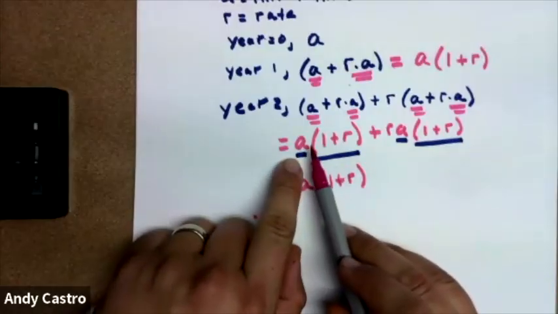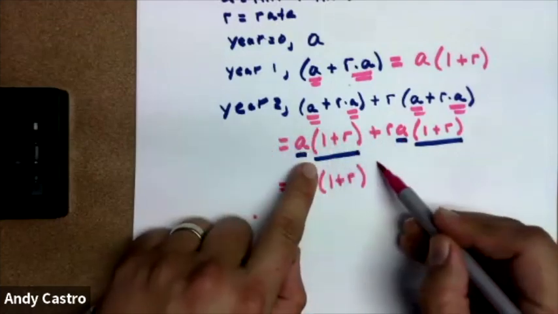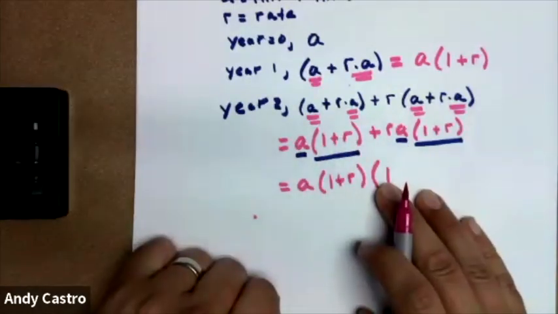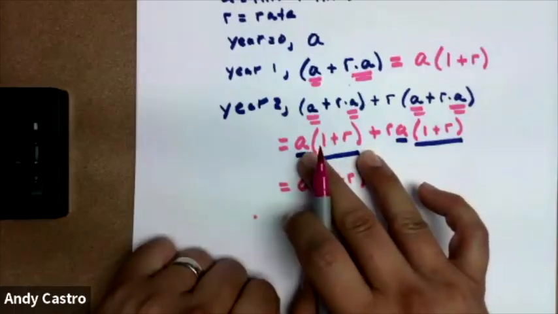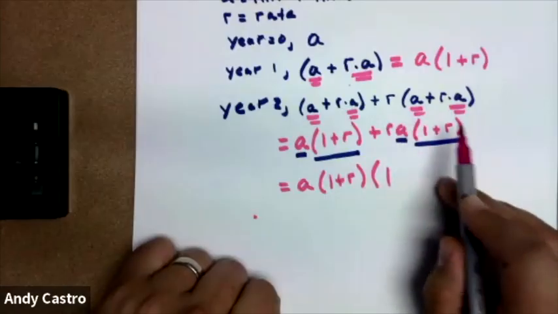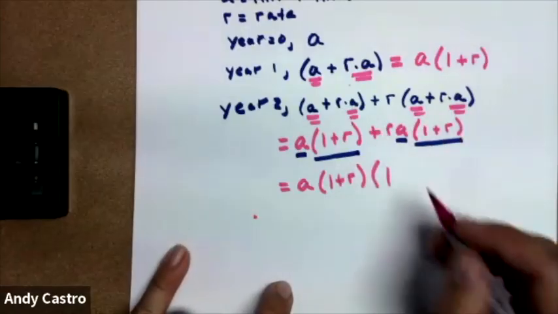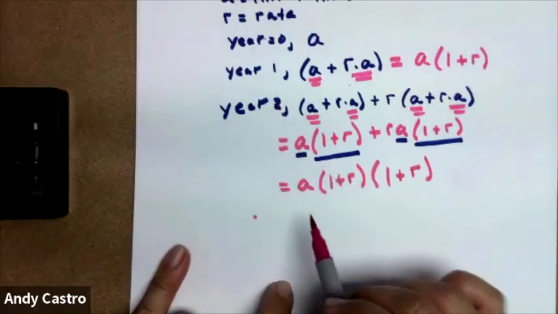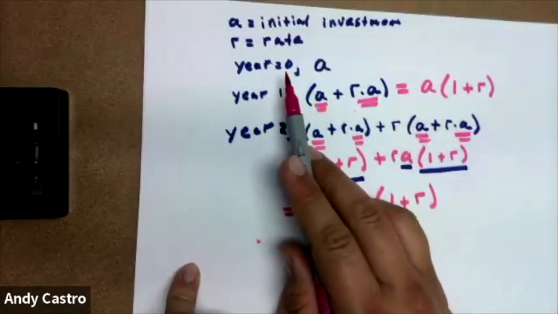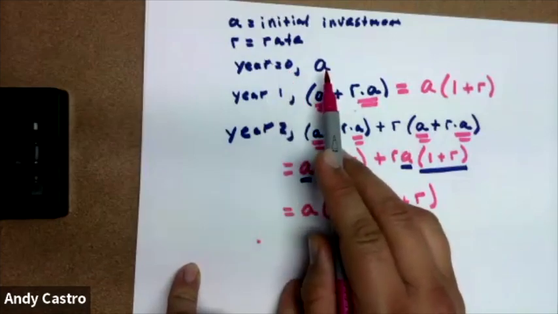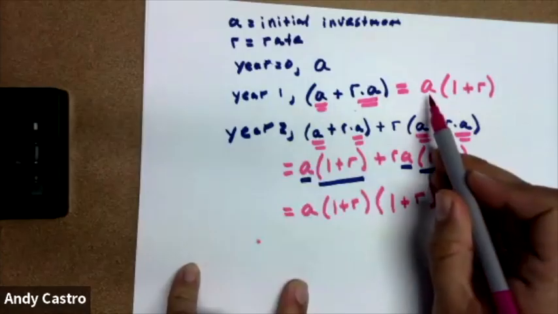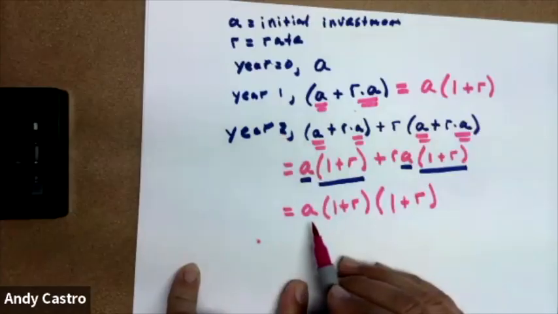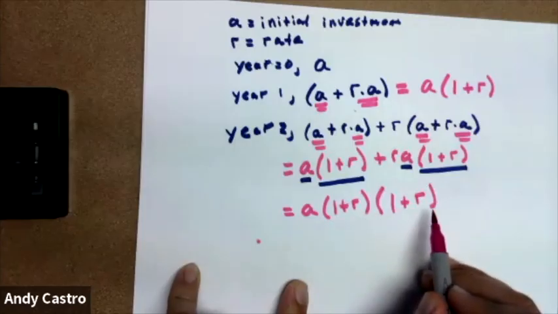If I pull out A times 1 plus R, what's left here is just the number 1, because A times 1 plus R times 1 gives me A times 1 plus R. If I pull the A times the quantity 1 plus R here, what I'm left with is that R. So here we see that at the end of year 0, which is when you first start, I have A. At the end of year 1, I have A times 1 plus R. At the end of year 2, I have A times 1 plus R times 1 plus R.